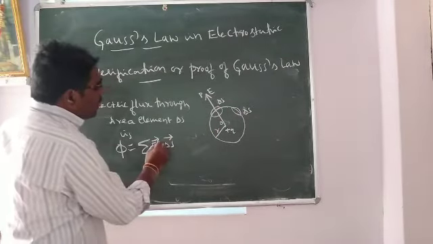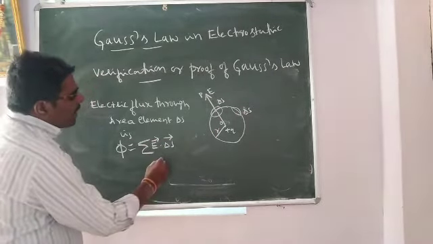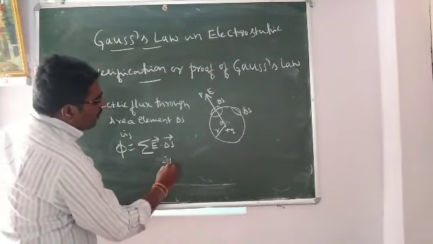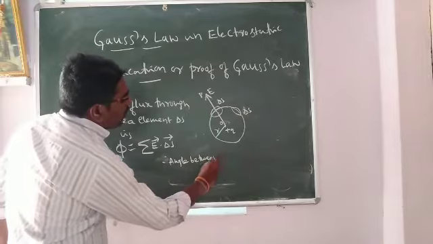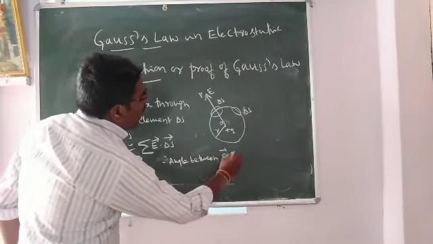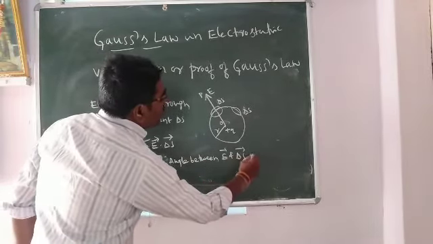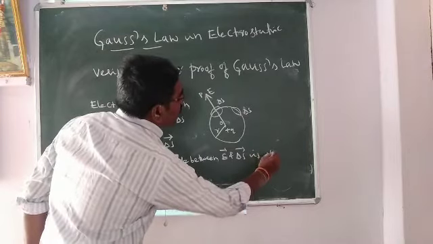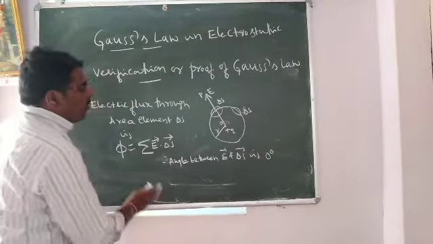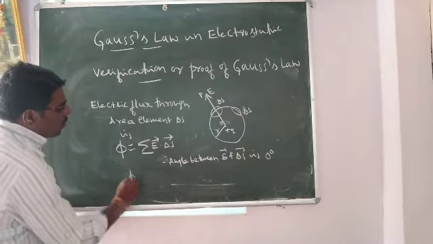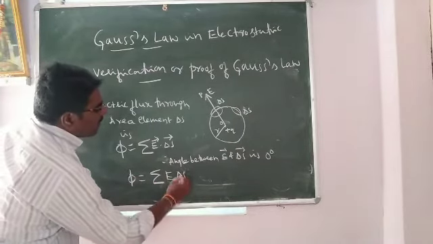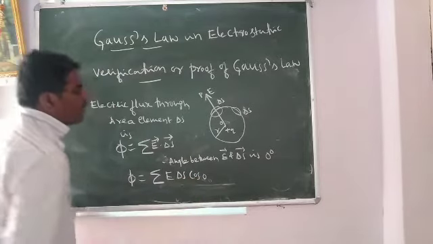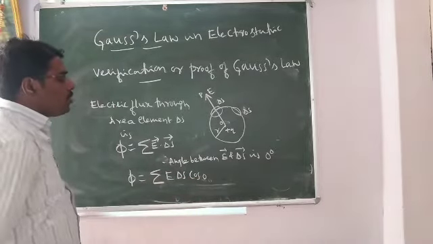The direction of area vector and E are the same, and the angle between E and delta S is 0 degrees. According to the dot product of two vectors, E delta S cos 0, the angle between E and delta S being 0 degrees.